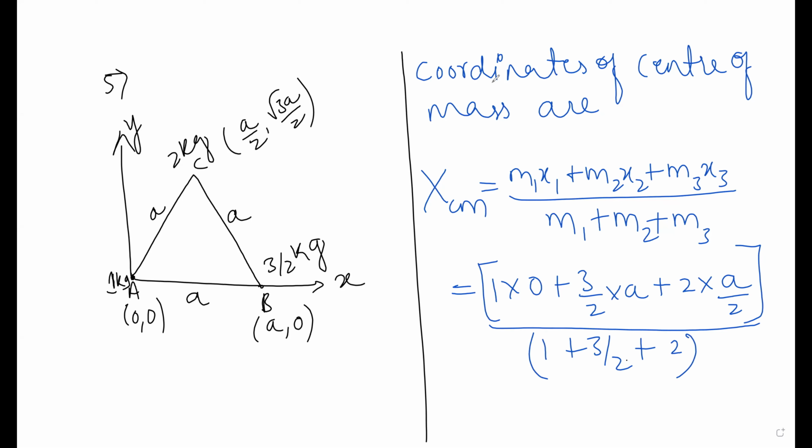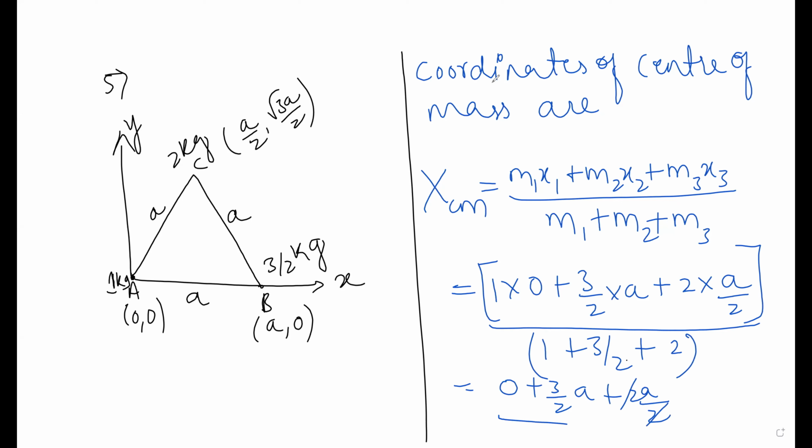Understood? By substituting all these values, 1 into 0 is 0, plus 3/2 a, plus 2a/2, where the 2 cancels and 1a remains.